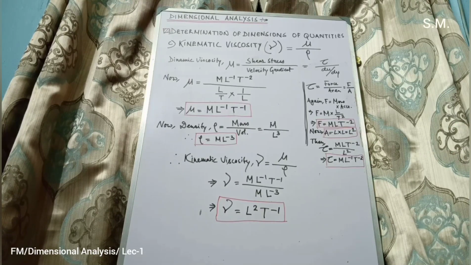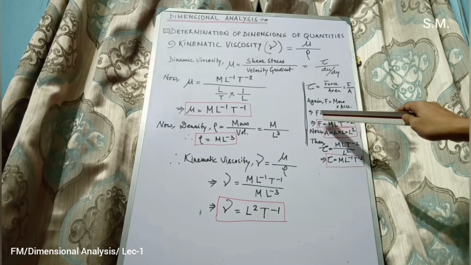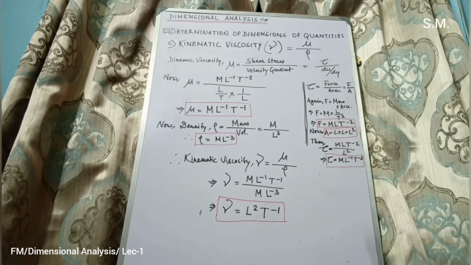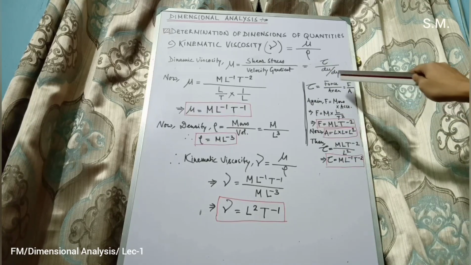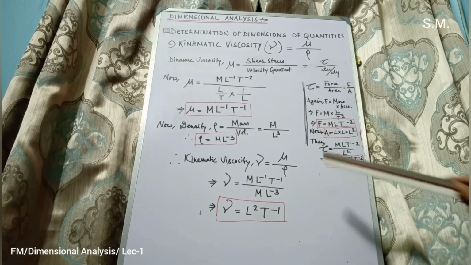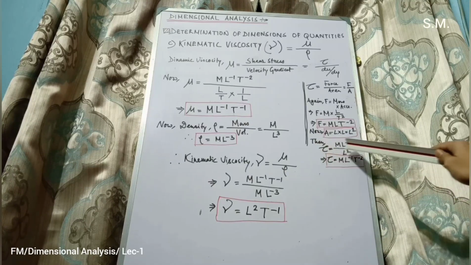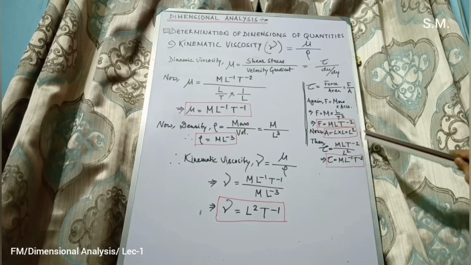Now, we find F and A. Now we have to find this tau. So tau equals F by A. The dimension of F is M L T inverse 2.